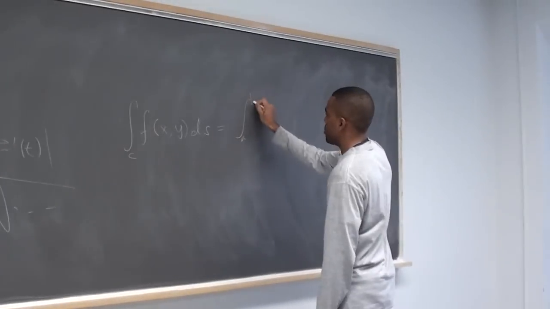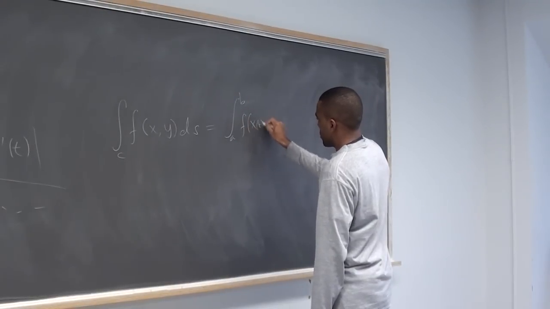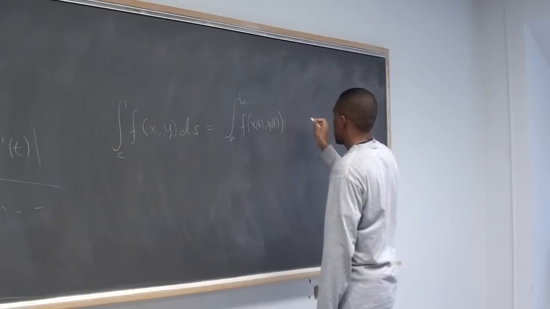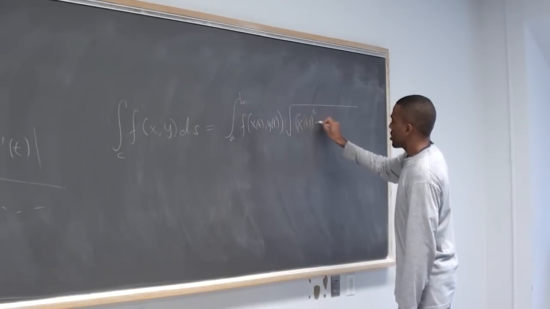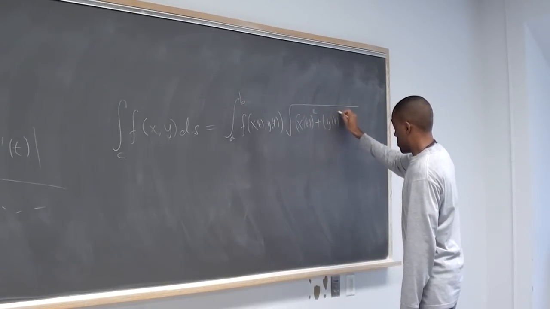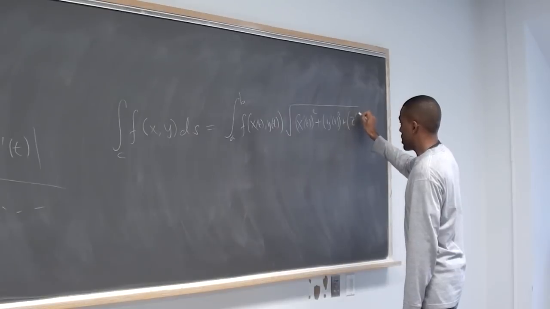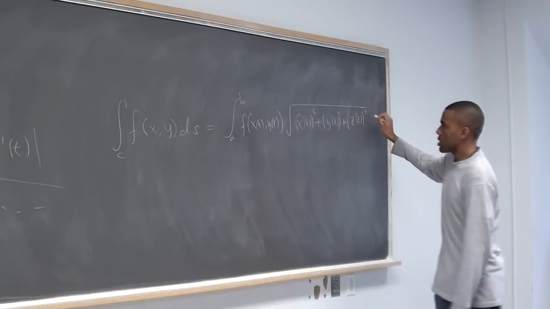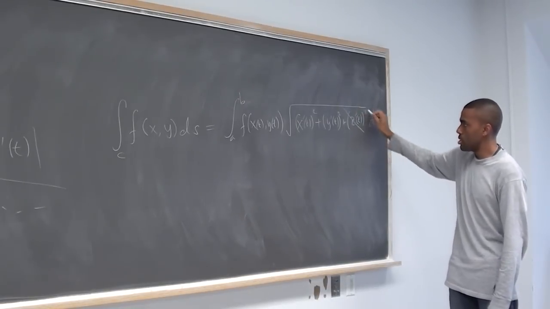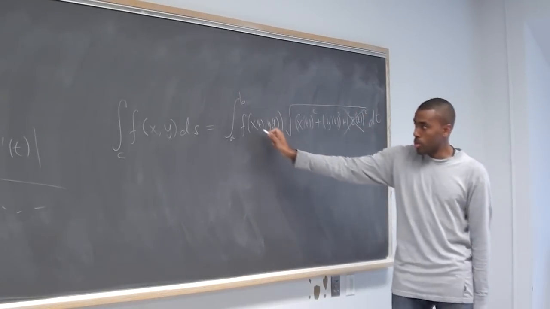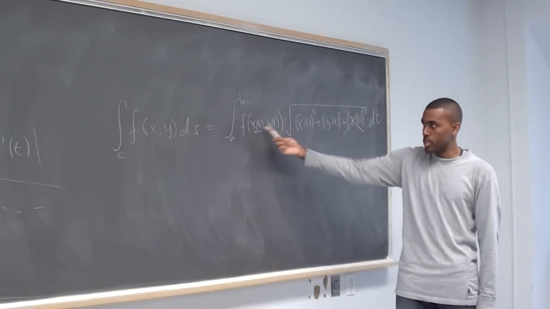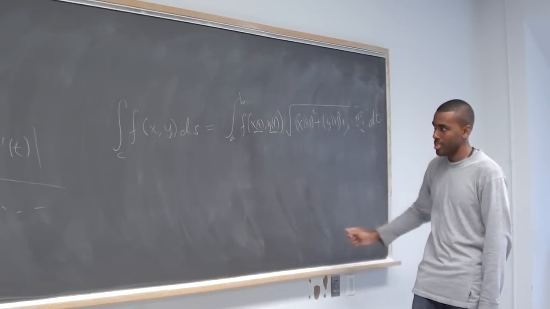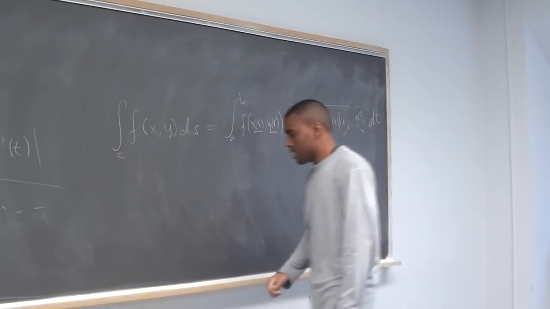They said something like x of t, y of t, times the radical of x prime squared, and then they put in a z prime squared. Right? You're not supposed to put that in. You only care about the variables that show up here. If a z was here, then you need that. If it's just x and y, you don't put that part in. You follow what variables you're given. Yeah, that was basically it.